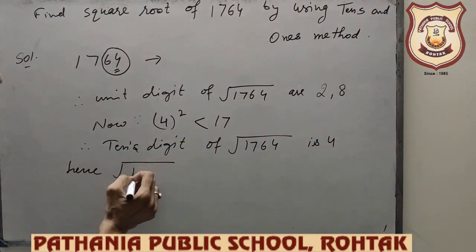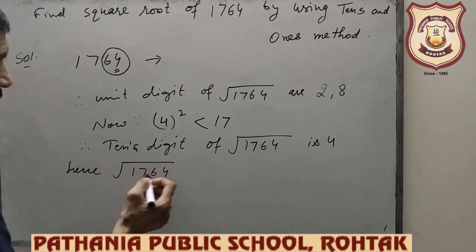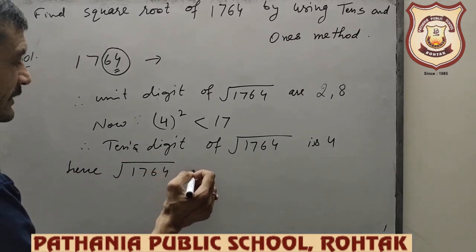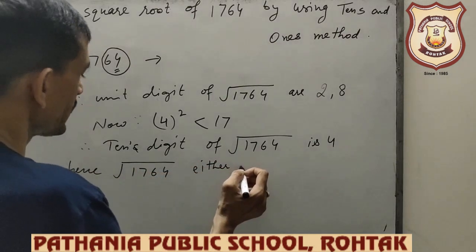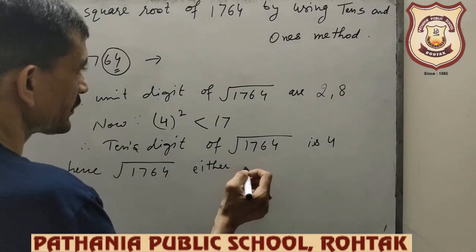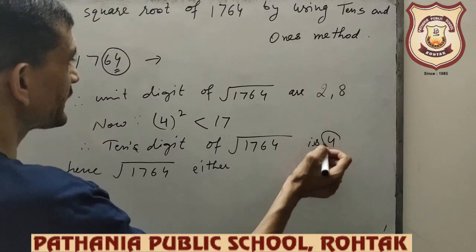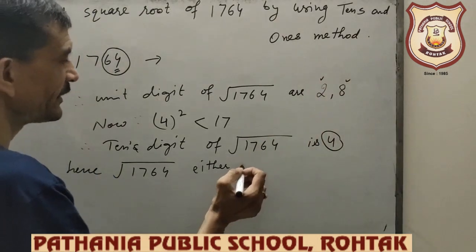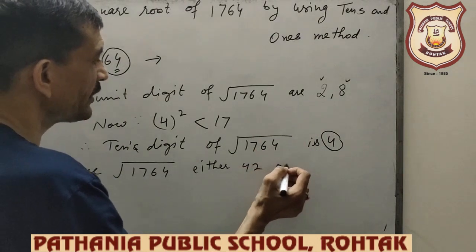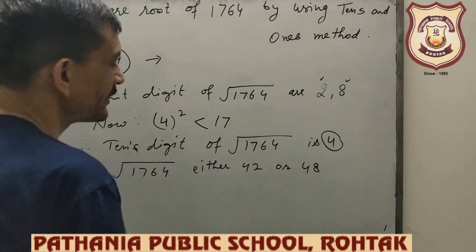Hence, the square root of 1764 is either, this one is the tens place digit and these two possibilities are the units place digit, so it is 42 or 48.